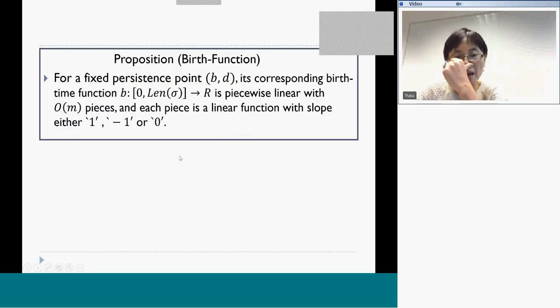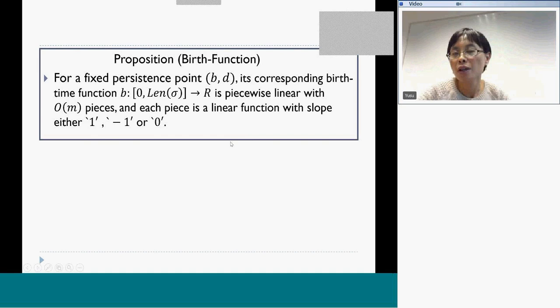But nevertheless, ultimately one can also show that this birth time function has a simple description: it is a piecewise linear function with order of m pieces, more complex than the death time function. So here it is order of m, while the death time function was order of n. Every piece is a linear function with slope either 1, minus 1, or it can also be constant 0.